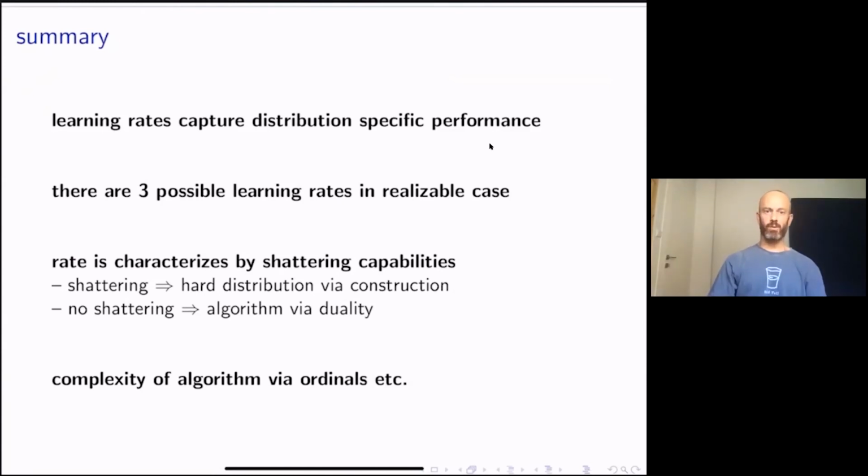And the way we prove this is using the shattering capabilities of this class of functions. If there is shattering, then we can use the tree to build a hard distribution. I did not explain this today. And if there is no shattering, then we can get an algorithm using duality.